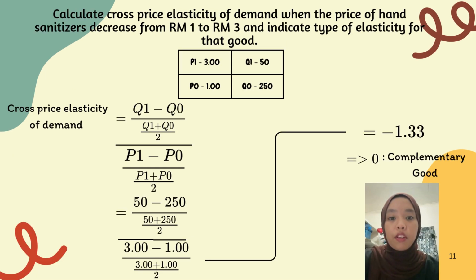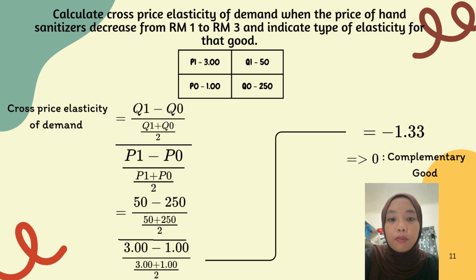Assalamualaikum warahmatullahi wabarakatuh. My name is Nur Syamsila binti Muhammad Nur. My student ID is A25A5411. The question given to me is to calculate cross price elasticity of demand when the price of hand sanitizer increases from 1 ringgit to 3 ringgit and indicate the type of elasticity for that good. The way to calculate cross price elasticity is to use the formula percentage change in quantity divided by percentage change in price.